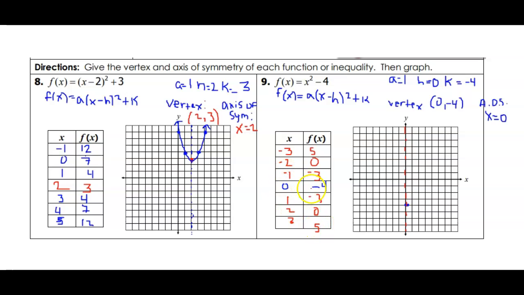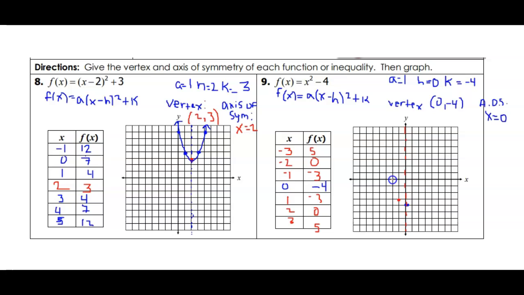And let's plot our points. So at -1, I'm at -3. 1, 2, 3. At -2, I'm at 0.